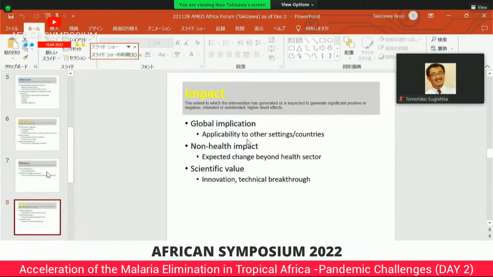And also there should be a scientific value, like innovation or technical breakthrough. And also we are looking into interventions that more specifically address the local context. We also expect that lessons have some global implication as well, to be applied for countries and settings with similar epidemiological and ecological conditions.